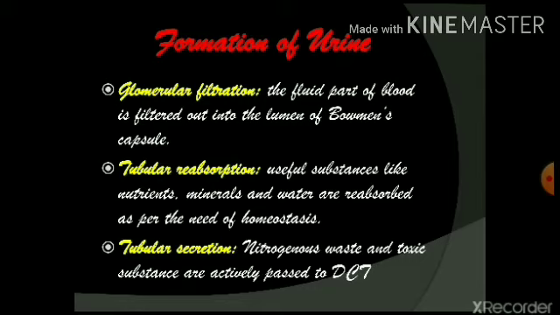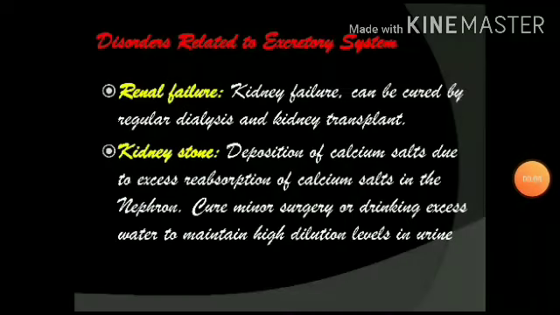Now finally, by glomerular filtration, tubular reabsorption and tubular secretion, the urine is ready to be passed on to the collecting duct, and finally from the collecting duct it will be carried to the ureters and will be stored in the urinary bladder for temporary storage. Removal of ammonia, maintenance of homeostasis, maintenance of osmoregulation, all these important processes taking place with the help of the excretory system.